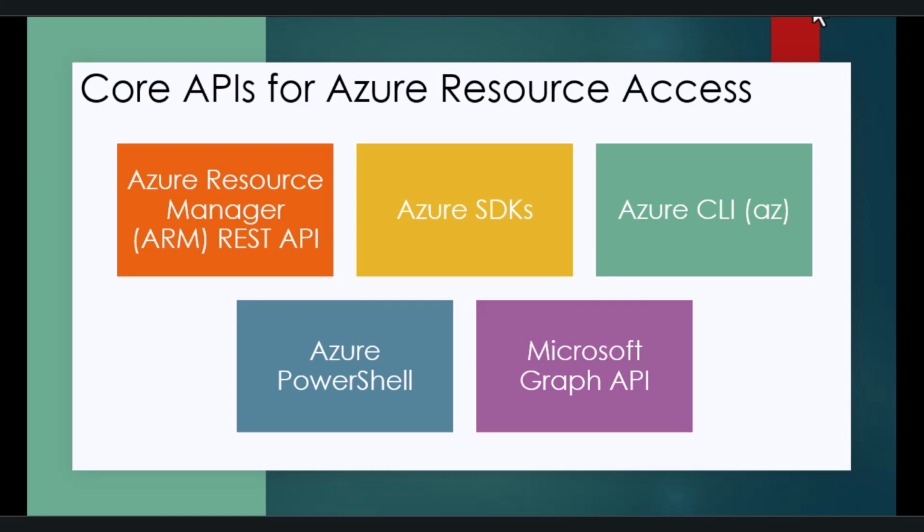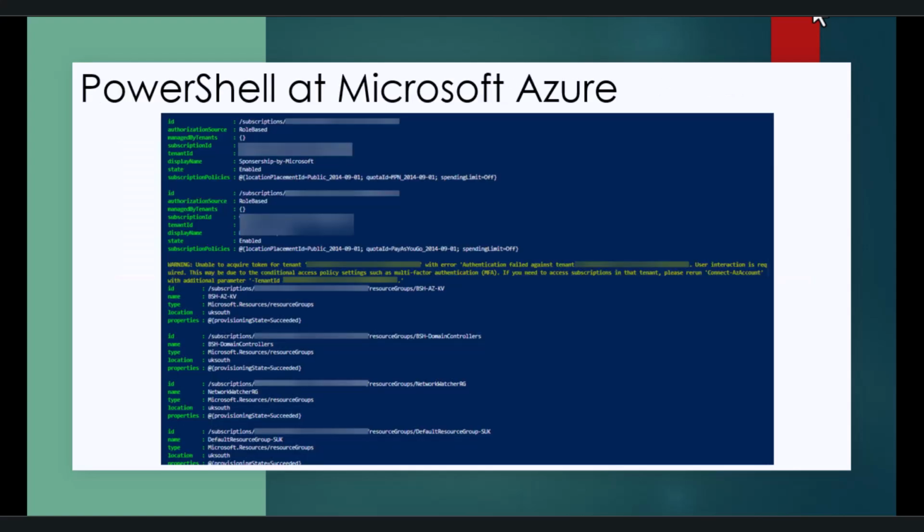Accesses identity-related resources like users, groups, and roles. It's often used in conjunction with Azure AD for governance and access control. Here's an example of a PowerShell script run at Microsoft Azure. Very popular solution at Azure. Keep that in mind for the exam.